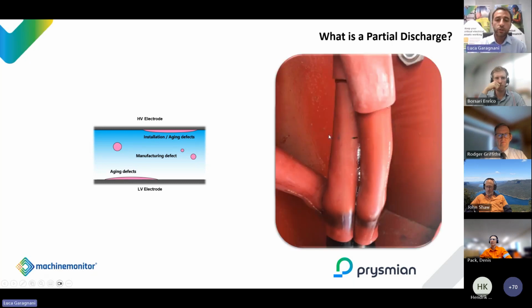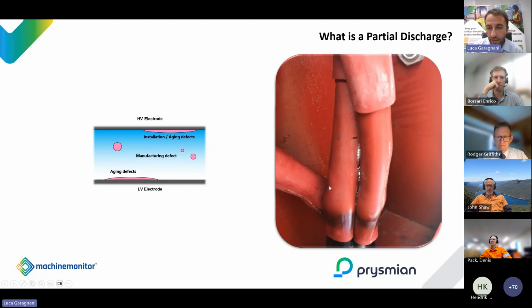Another defect, which could be due to installation, can cause partial discharge. In this example, I show a picture of a 3-core cable termination, where we can actually see the evidence of the discharge. So obviously this is an installation issue, right? The two phases were very close to each other and almost touching in a place where there is no low voltage electrode.